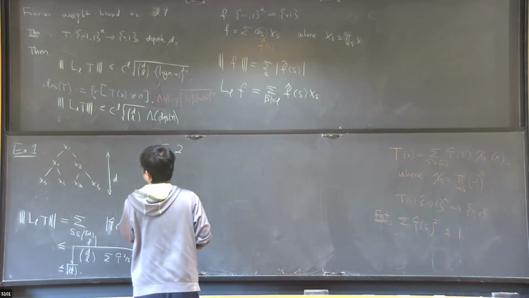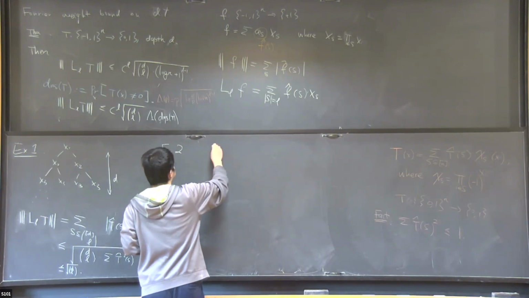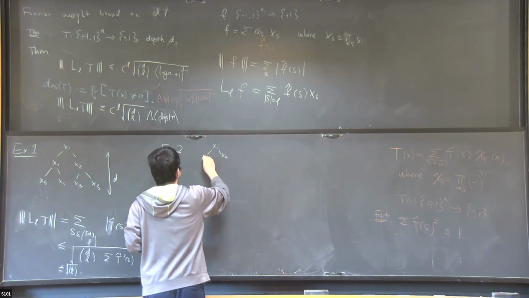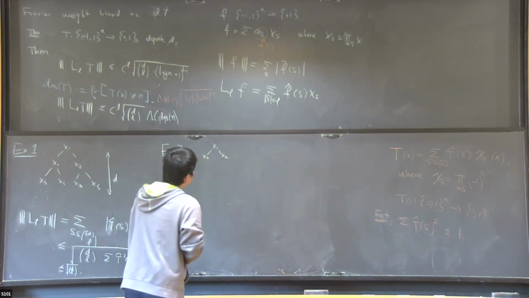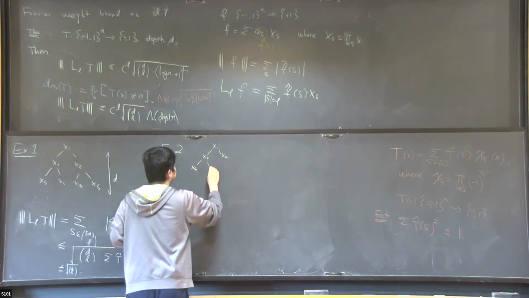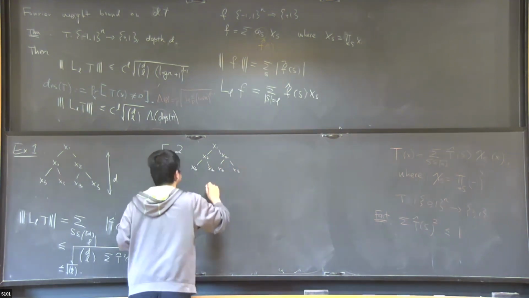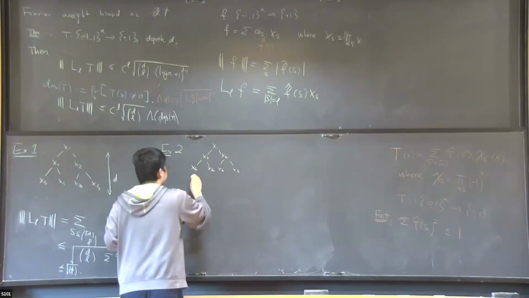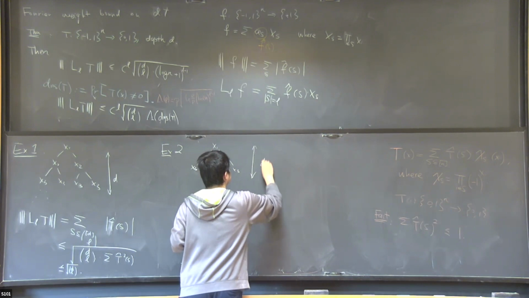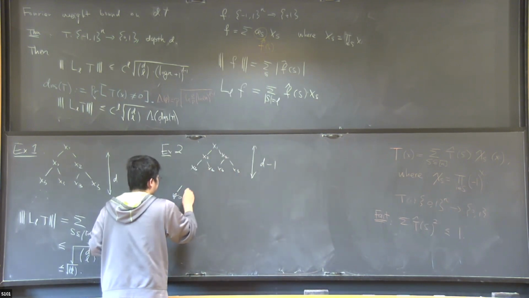So, in the second example, let's modify the first example a little bit. In the first d-1 layers, we do exactly the same. We just query non-adaptively, but in the last layer, in the bottom layer, we have distinct variables.